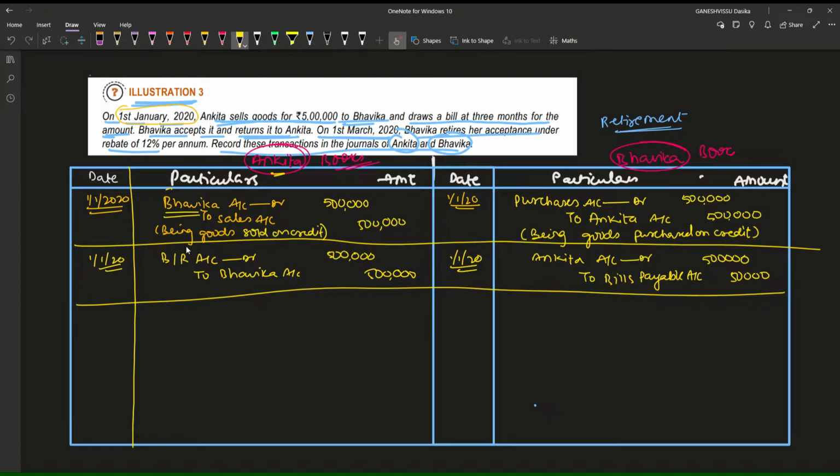So Ankita is creditor and Bhavika is debtor with this first entry. With the second entry, whenever Ankita draws a bill of exchange on Bhavika, Bhavika's name has been taken out from the list of debtors.